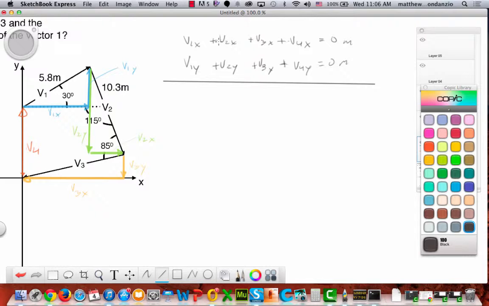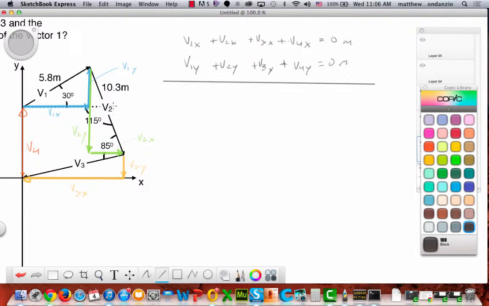I'm going to use sine, but I'm also going to use the angle, 30 degrees, and the length. So I have a 5.8 and a 30 degrees, right?